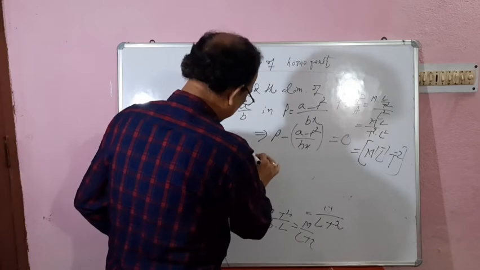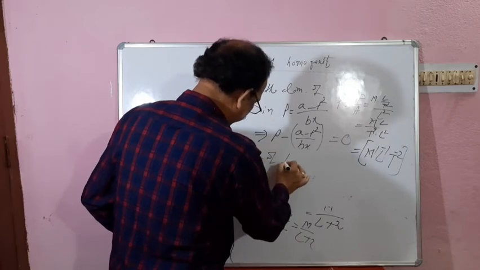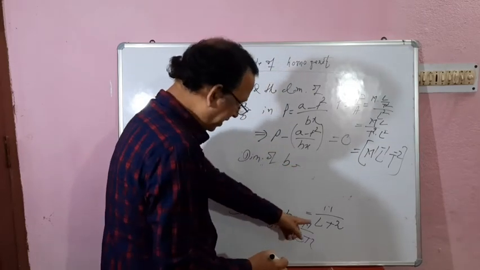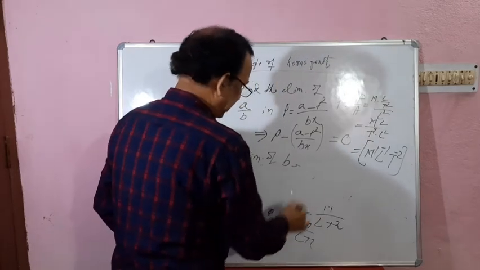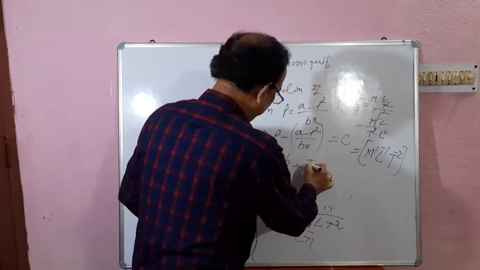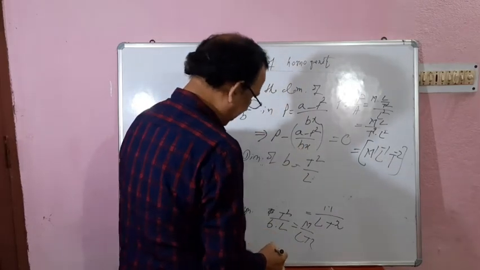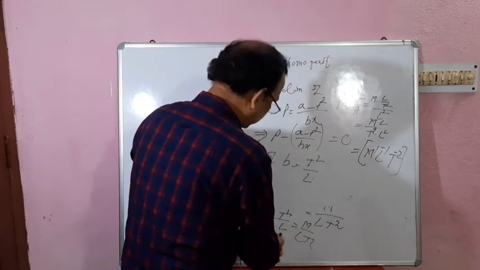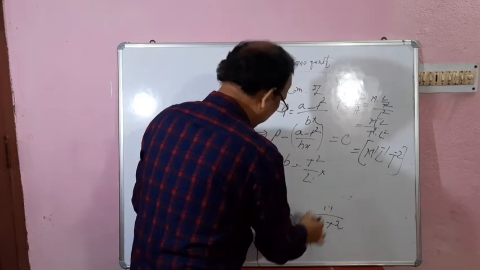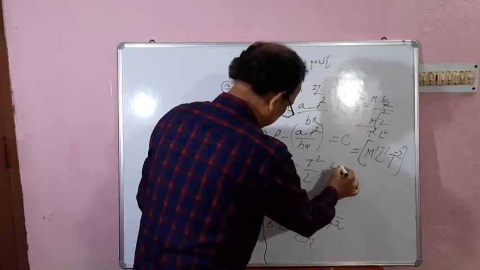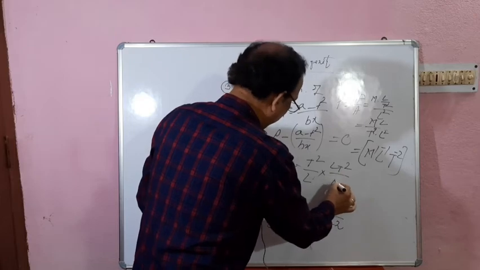So dimension of B, move this side, so that is equal to T square by L into L T square by m.